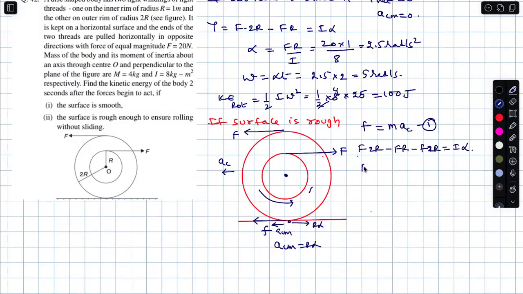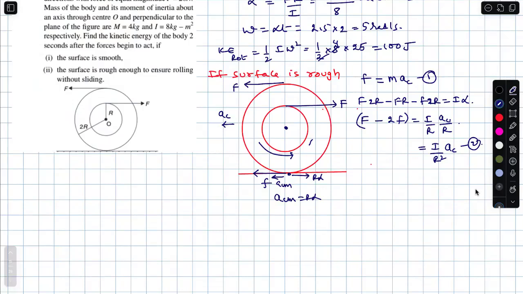So F minus 2F is equal to I by R, AC by R. So this will become I by R square AC, equation 2.